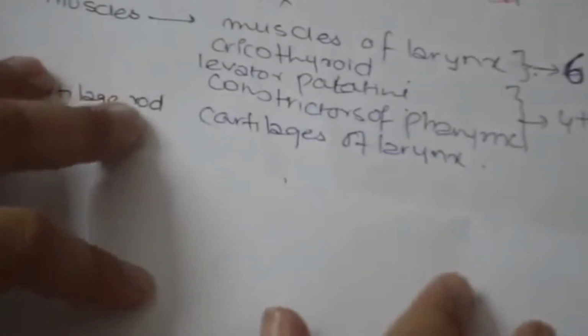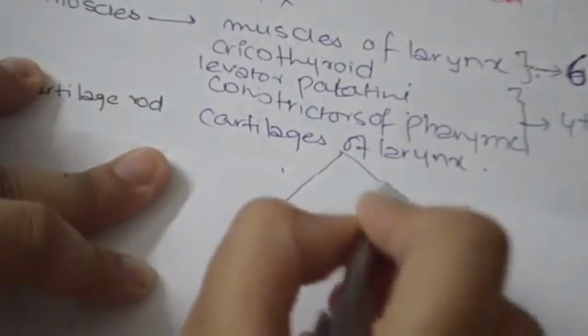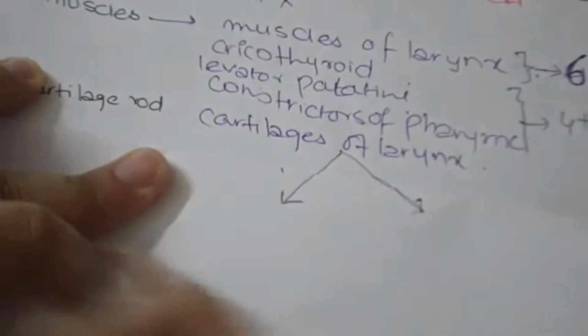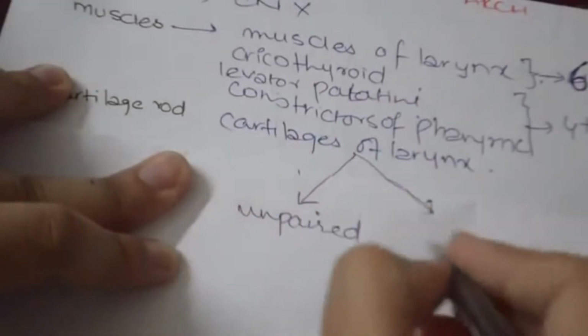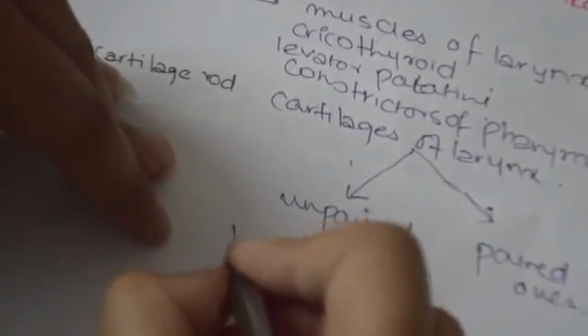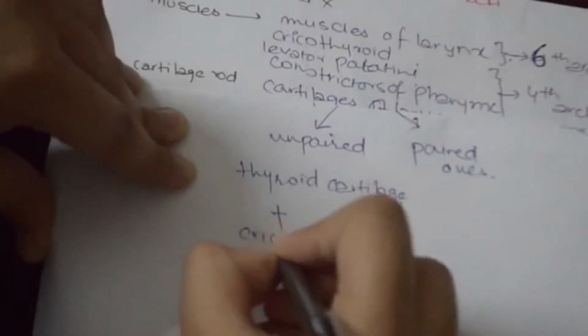Just for your information, these cartilages can be divided into two parts, the unpaired ones and the paired ones. The unpaired ones are the thyroid cartilage and the cricoid cartilage. You can actually just mention the names of these cartilages over here.